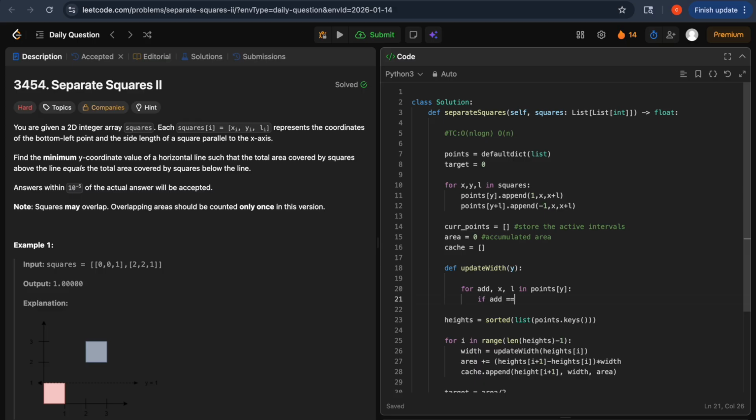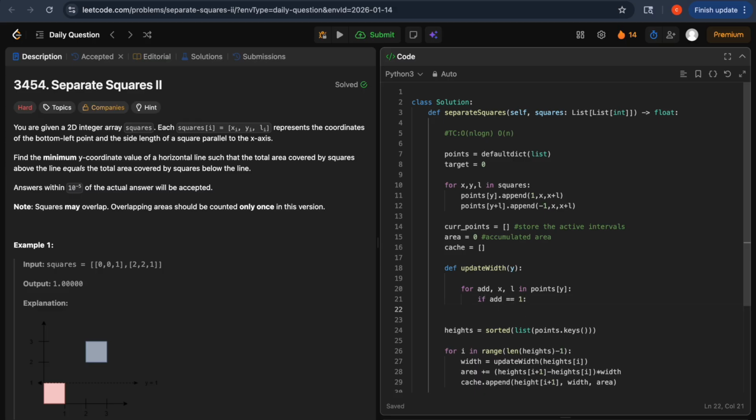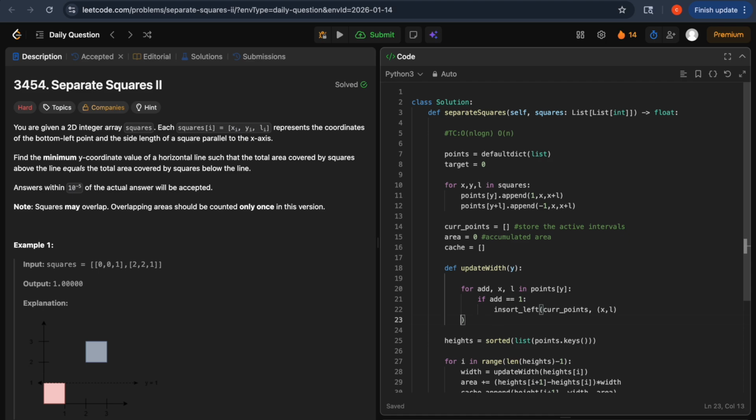If add equal to 1, then we need to keep it sorted. So because of that, I'm using the insert function, insert left current points, right? Current points, and this should have the x and L value, right?